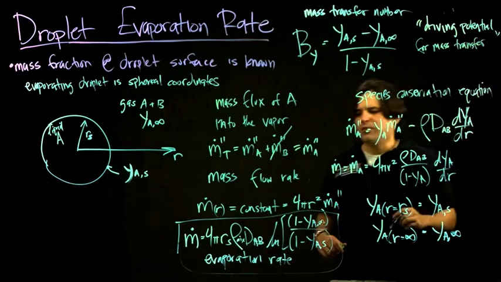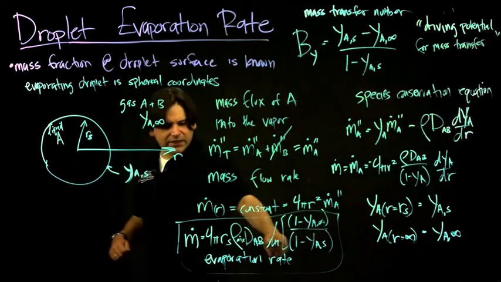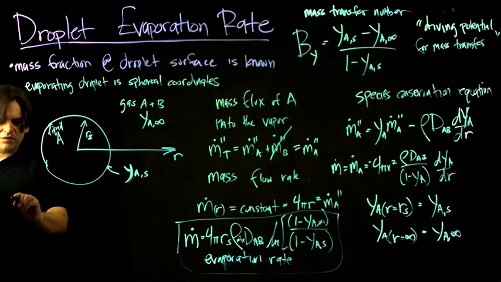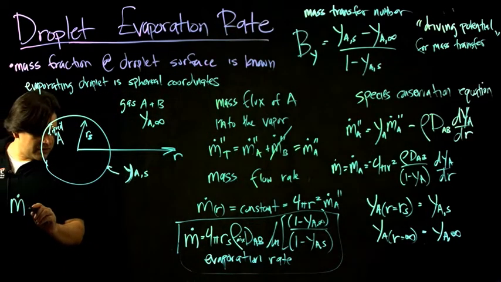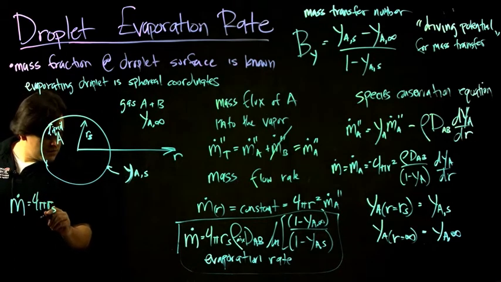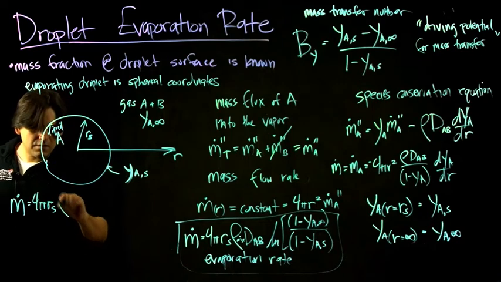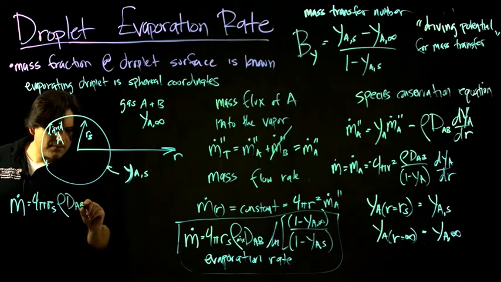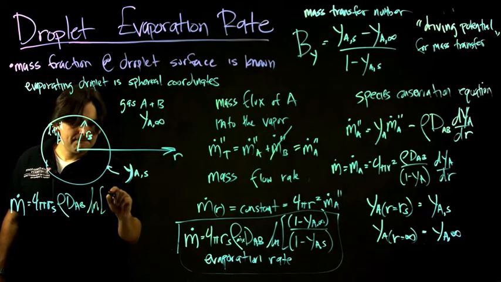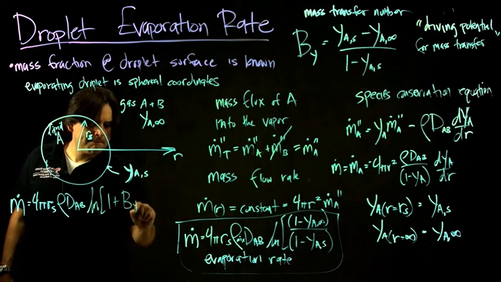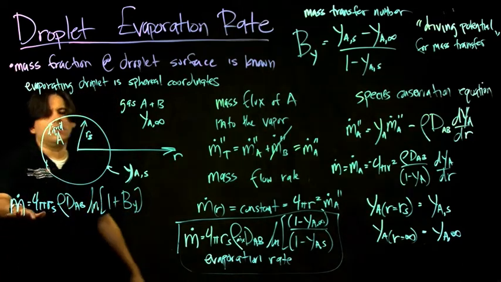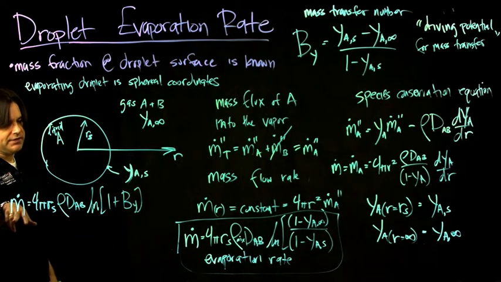Why? Because the way that we defined it, we're going to plug it into this evaporation rate, and the evaporation rate in terms of this mass transfer number. So the larger this mass transfer number, the faster the evaporation rate.